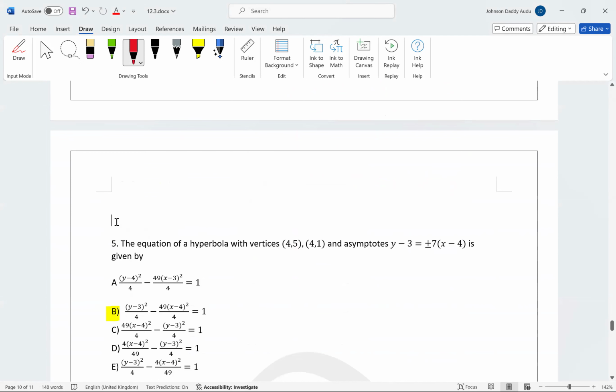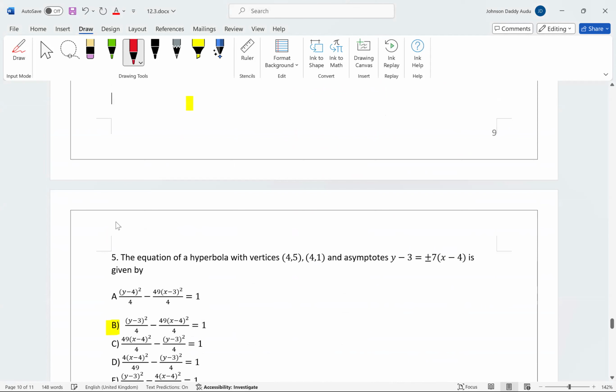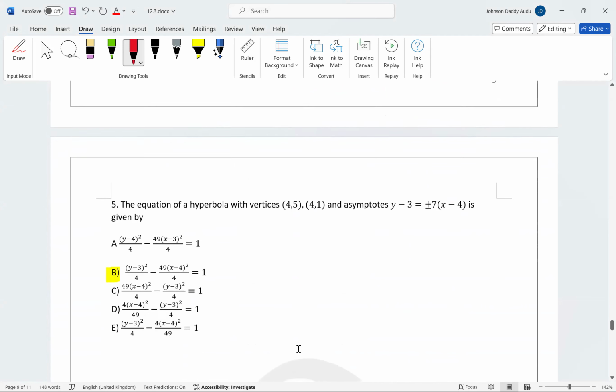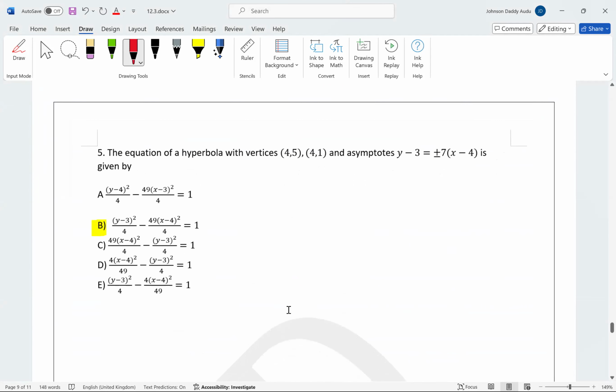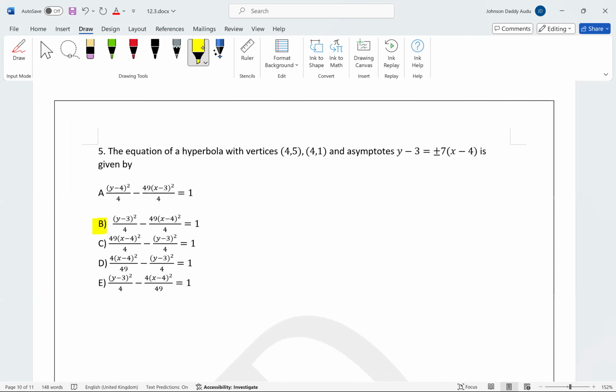Now let's go to the last question, question number 5. It says the equation of a hyperbola with vertices and asymptotes. So look at the vertices. From the vertices now, you should know that something is fixed. So the x-axis, that is where the vertex is. Since the vertex is fixed, it means that here you are having h to be fixed.